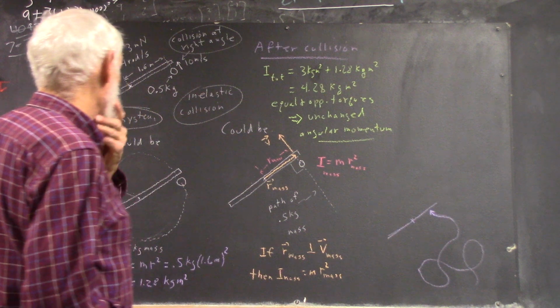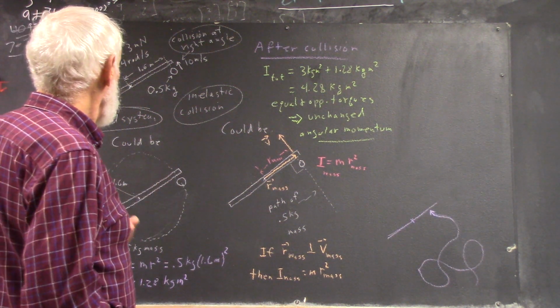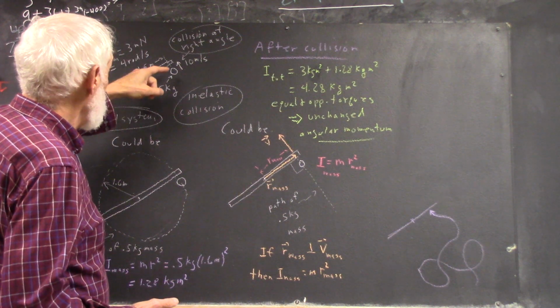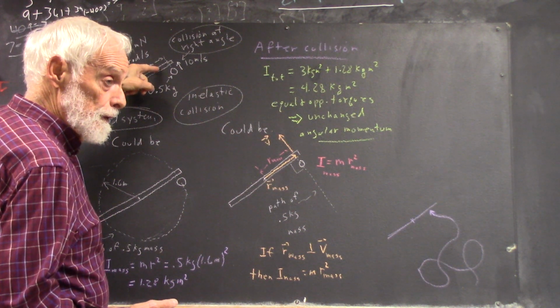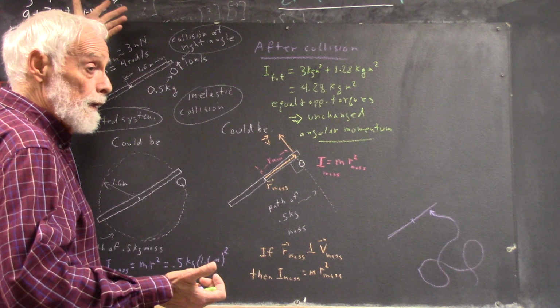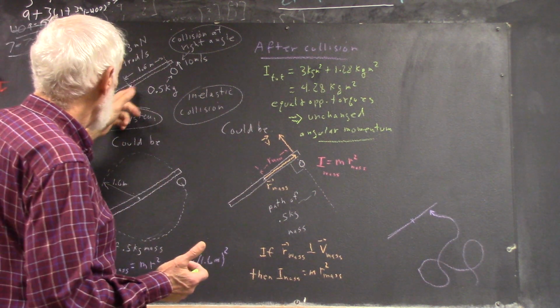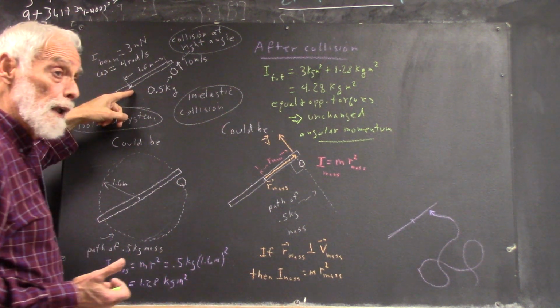Now, what happens in the collision? Well, you have equal and opposite forces exerted by Newton's third law between the mass and the beam, and that results in equal and opposite torques because they both act at the same distance from the axis of rotation.